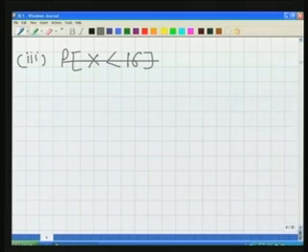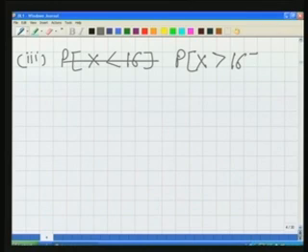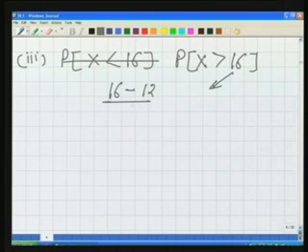That x is more than 16. Now, how do we find it? Initially we will find the value corresponding to 16, and that will be 16 minus 12 divided by 2, as in the usual case.